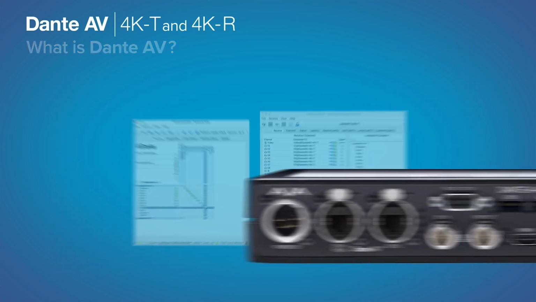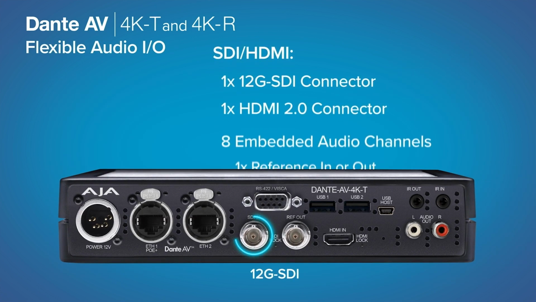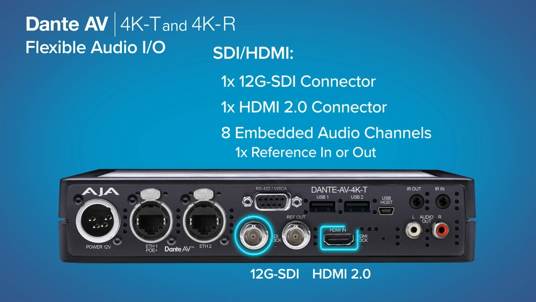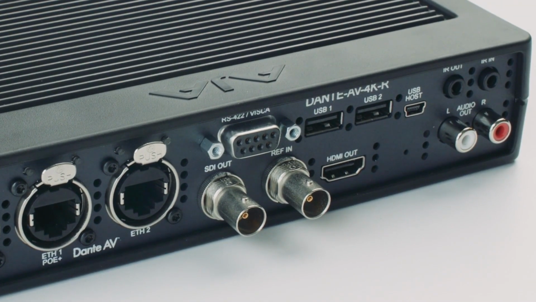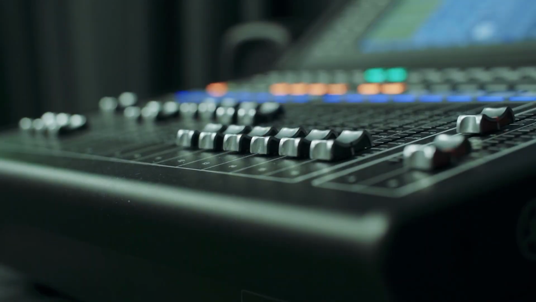Each Dante AV 4K transmitter or receiver provides a 12G SDI port and HDMI 2.0 connection for single cable support of 4K through HD video material and up to 8 channels of embedded audio support per SDI or HDMI connection.